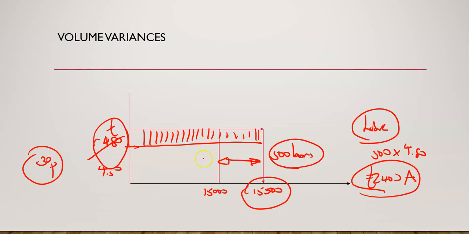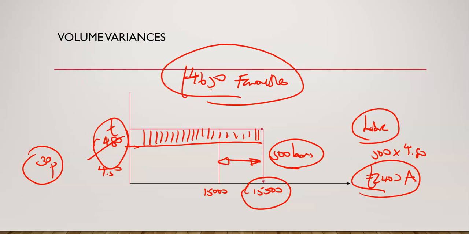So let's see what that saving is. 30p times 15,500, and that's 4,650. So you have a favorable variance here. So you have a favorable price variance and an adverse usage variance. So cheaper labor, they did more time, but overall it came out okay.